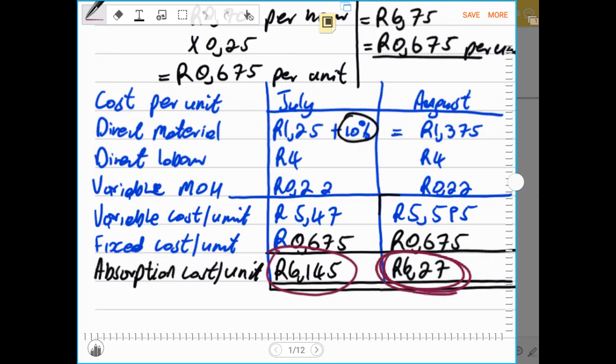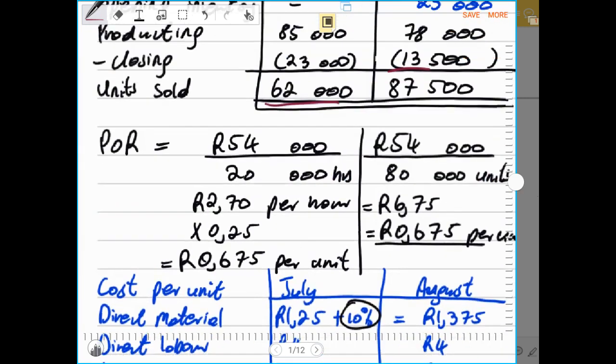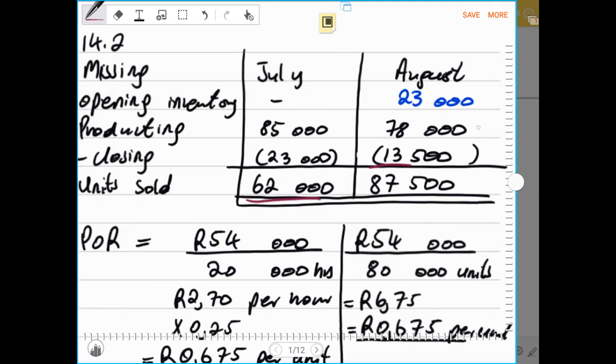Therefore now we have to multiply our production and the closing by 6.27. So now let us continue with that, and we know that production for the month of August was 78,000 units, and the closing was 13,500 units.